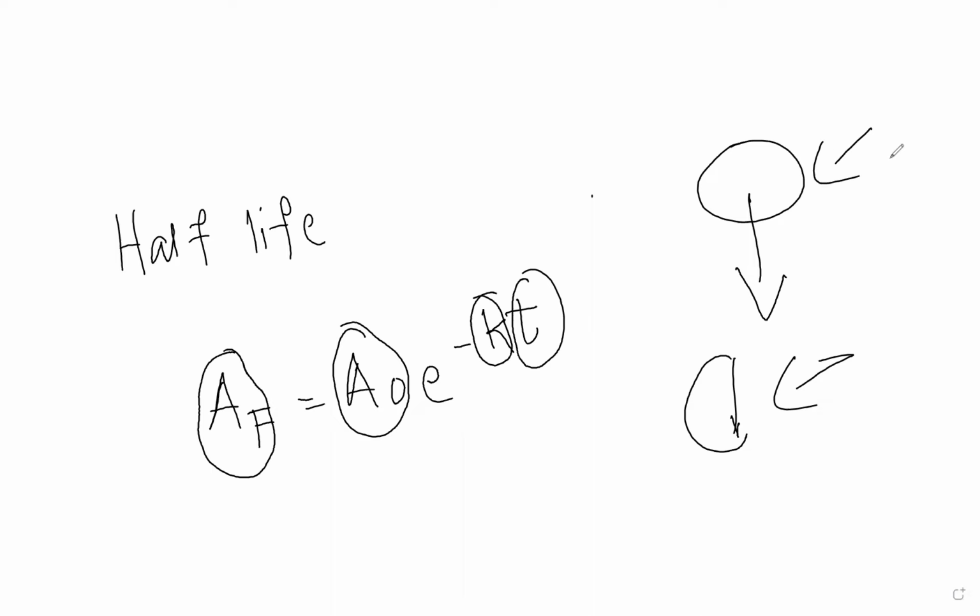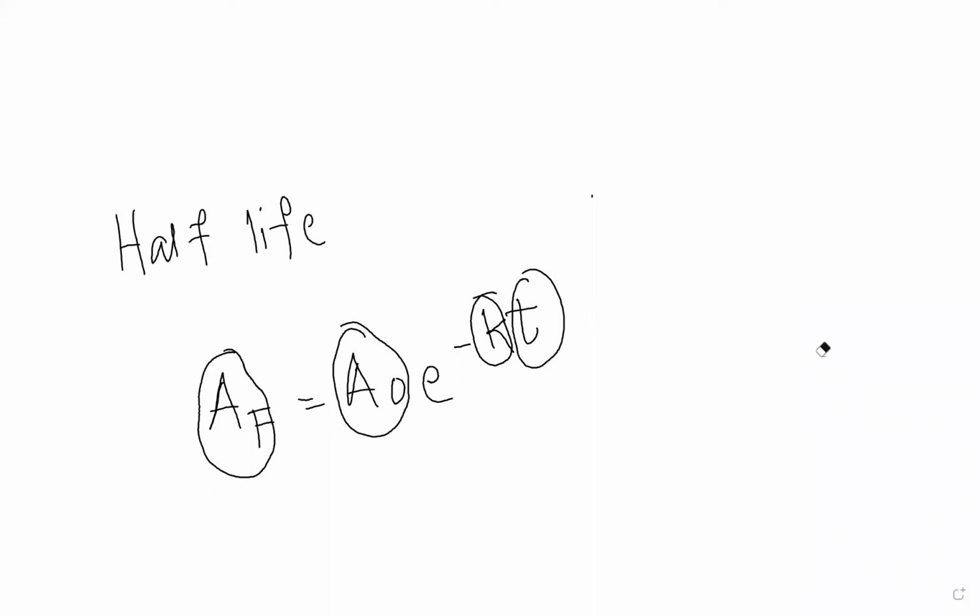So this is the half-life, the time required to get something to half of its initial amount. Again, this is the final amount, this is the initial amount, this is the exponential, k is the decay constant, and this is the time period.